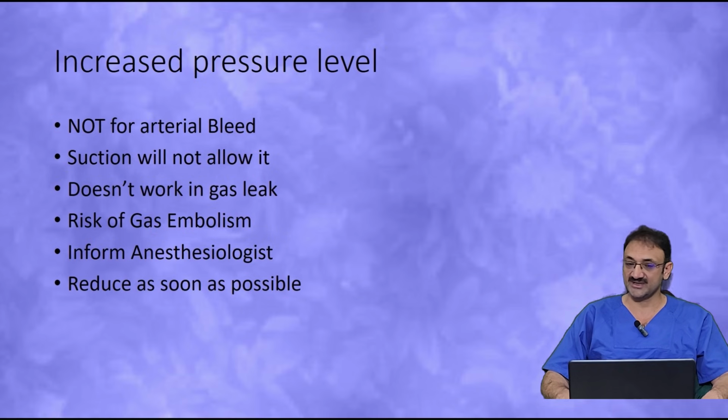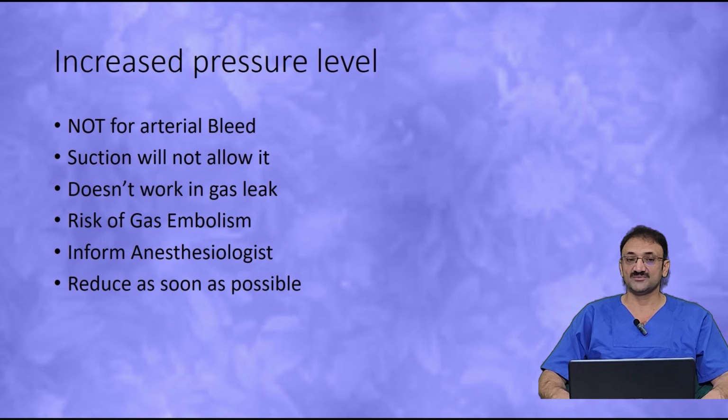It happens. That's why I said that you must not get panicked, because if you get panicked, there may be leaks. The assistant may be using the suction continuously. The vision is going to get worse and worse, and the scenario is going to get worse as well. And by increasing the gas, there are two major complications. Number one is the risk of gas embolism.